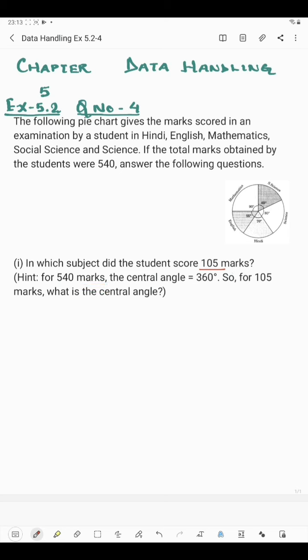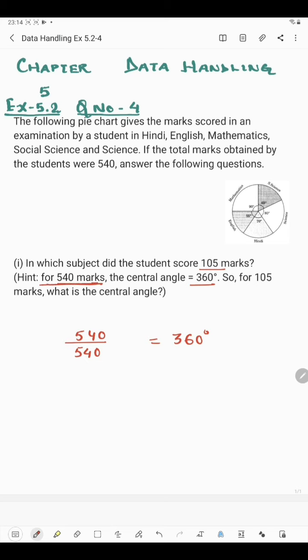Now in the hint it is given that for 540 marks the central angle is 360 degree. That means if the student gets 540 out of 540, that means full marks, then the central angle is 360 degree according to the hint.